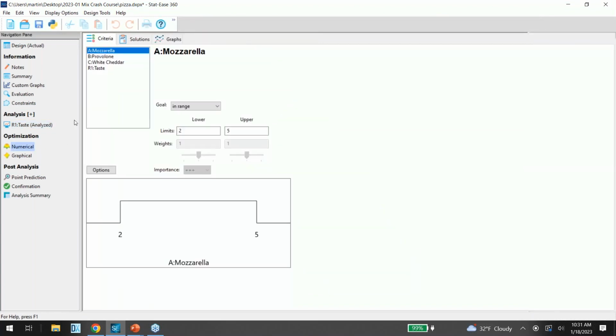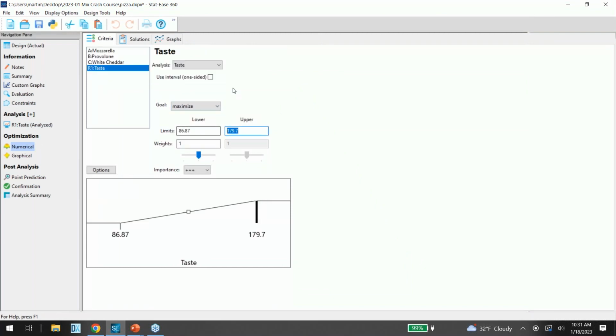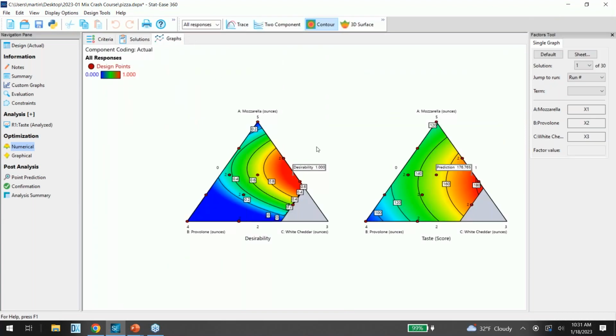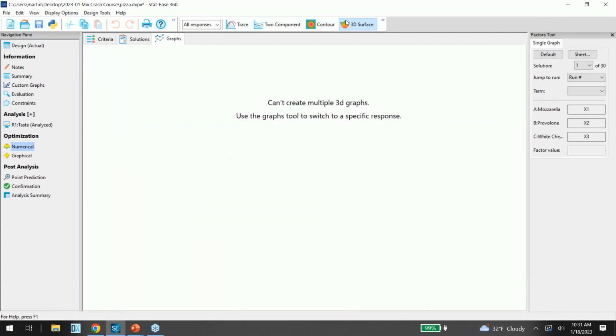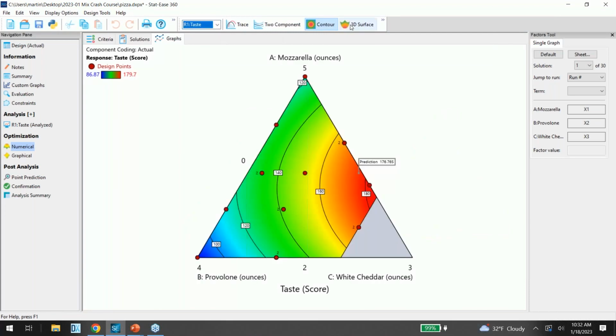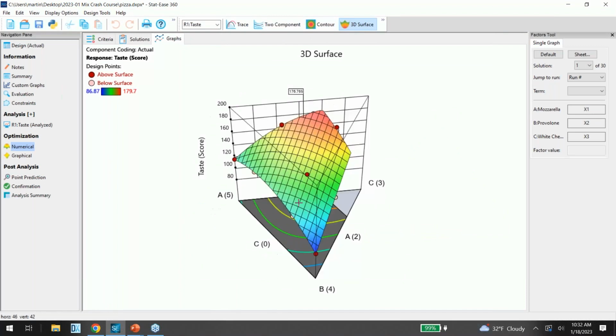I can also use the numerical optimization here and try to maximize the taste, letting the computer figure out the solution for me. And if I look at this, it looks like it's somewhere right around here. I could look at a 3D surface as well. Let's look at the taste. So if I look at the 3D surface, it looks like it's somewhere around here at this edge.